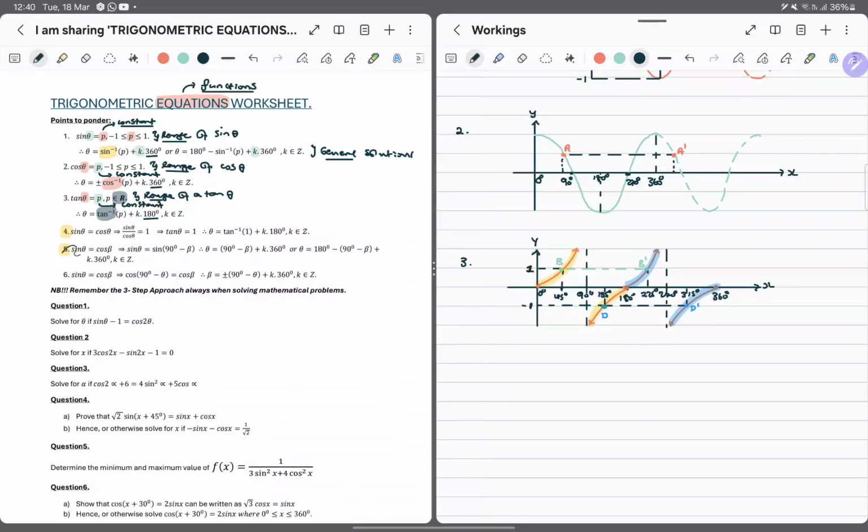Again, let's say we have a situation where the sine of theta is equal to the cos of beta, meaning the angles are not the same this time. The angles are different. Now, when the angles are different, we cannot divide by cos or sine here, because it doesn't satisfy our identity. So we can use cofunctions, because we know sine and cos are cofunctions. So if we choose sine to be the leader here, we can actually change the cos of beta to be the sine of 90 minus beta.